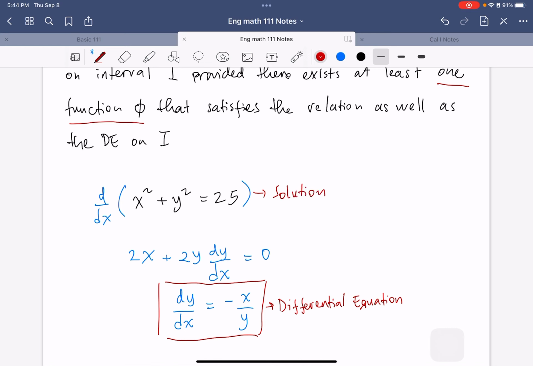So we could say that x squared plus y squared equal 25 is a solution for this DE. Or to be precise, this is an implicit solution for the DE.